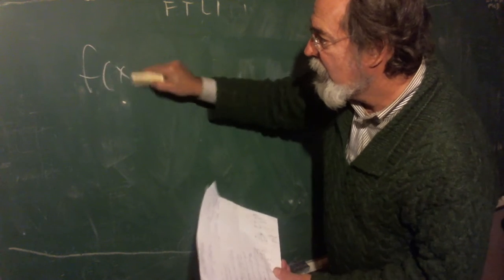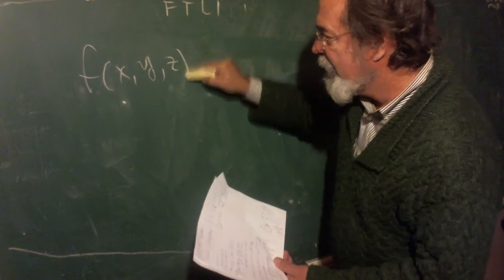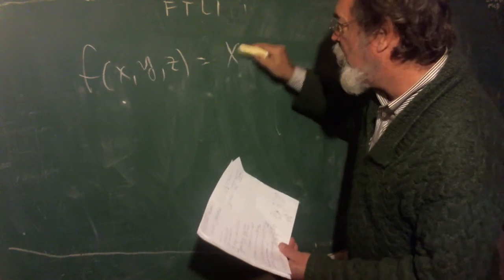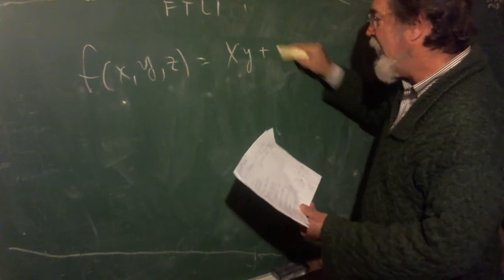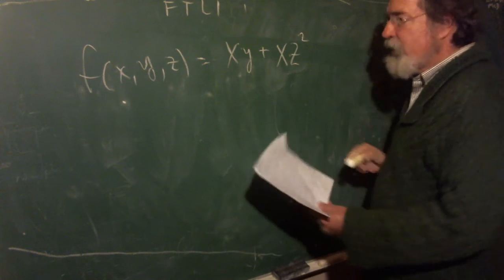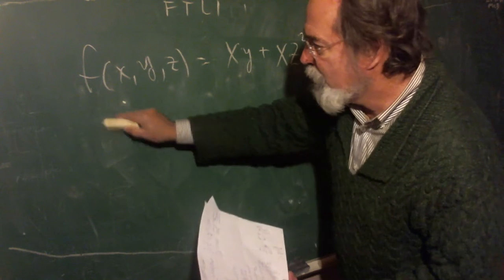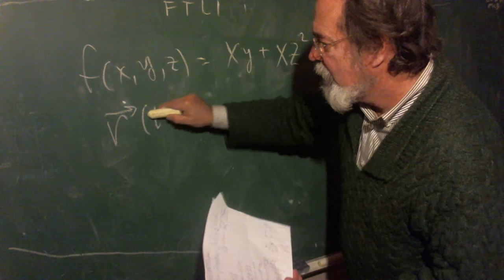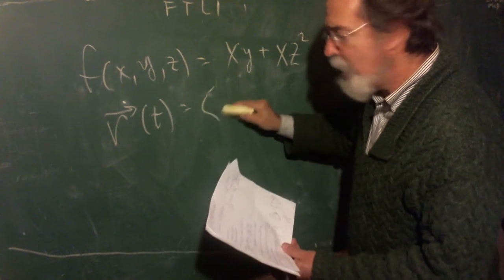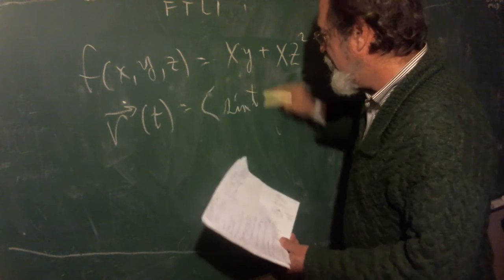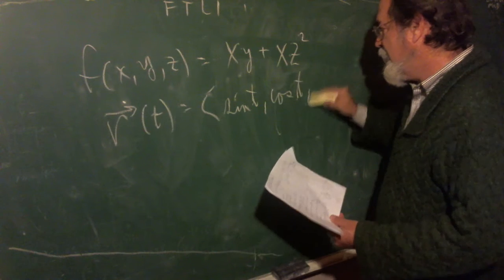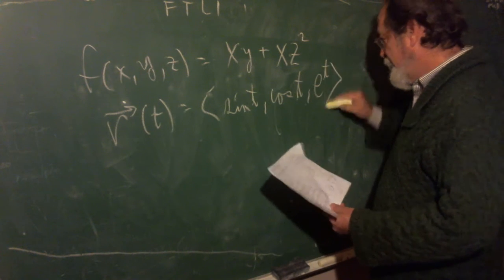I'm going to have f of x, y, z is known to be xy plus xz squared. So it's very simple. I'm going to take for my r of t, I'm just making this up, sine t, cosine t, e to the t.